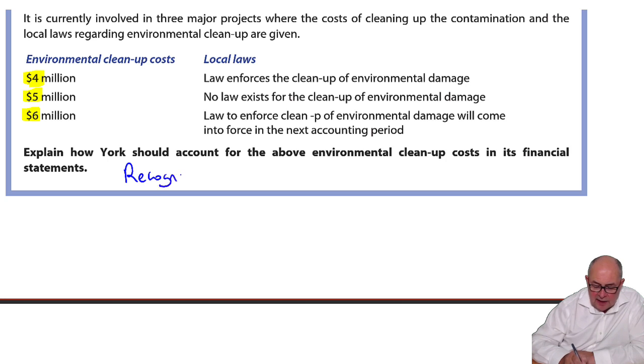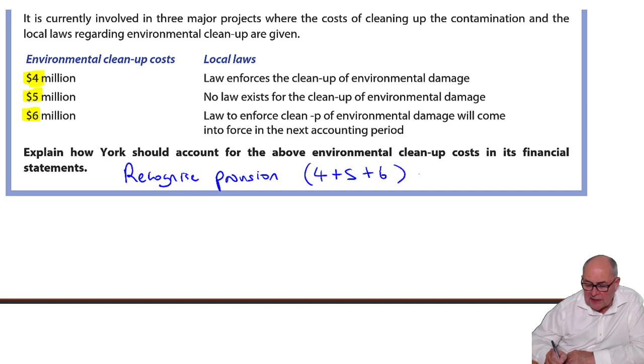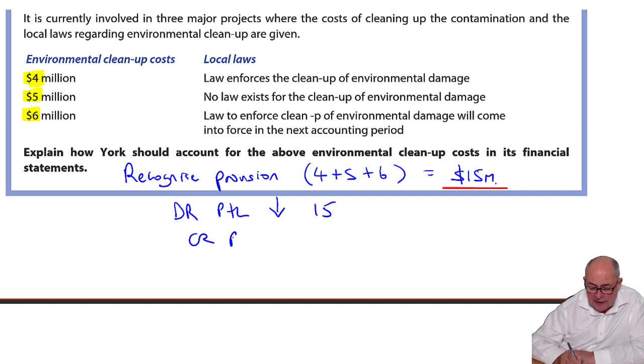So I would recognise a provision for the full amount, which is 4 plus 5 plus 6. That would be $15 million. And remember, they don't want you to write journals in the exam, but sometimes, unless they ask for them, it helps just to write it down for our own purposes, doesn't it? They're reducing profit by 15 and increasing a liability by 15.